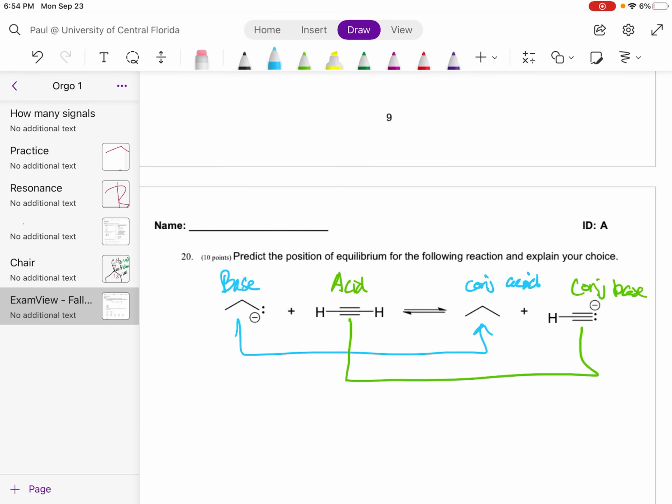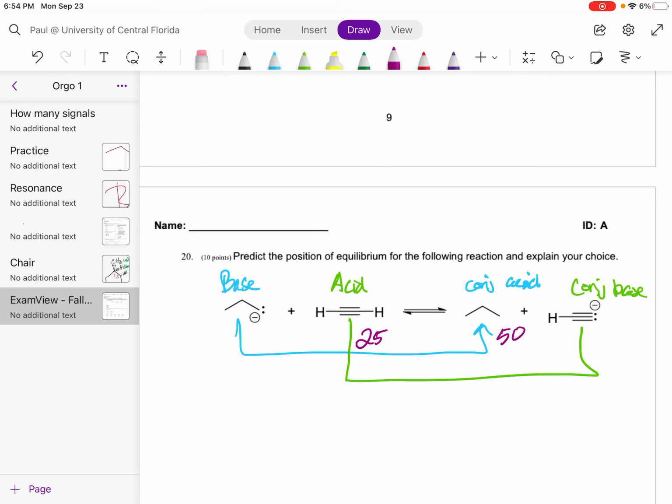We know equilibrium is going to favor the weakest acid. If we know our pKa's, then we could do that because the pKa of the conjugate acid is about 50, and the pKa of the acid on the left side is around 25.